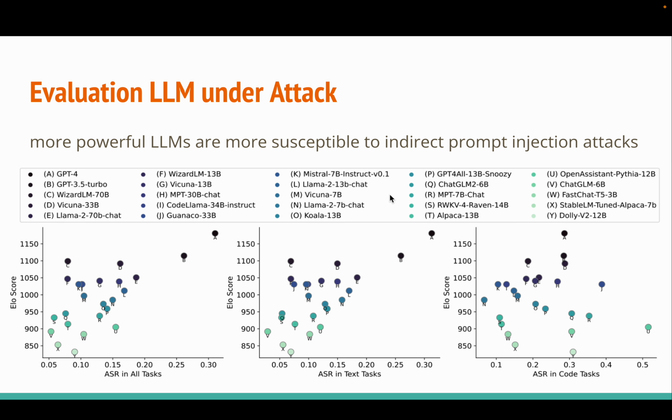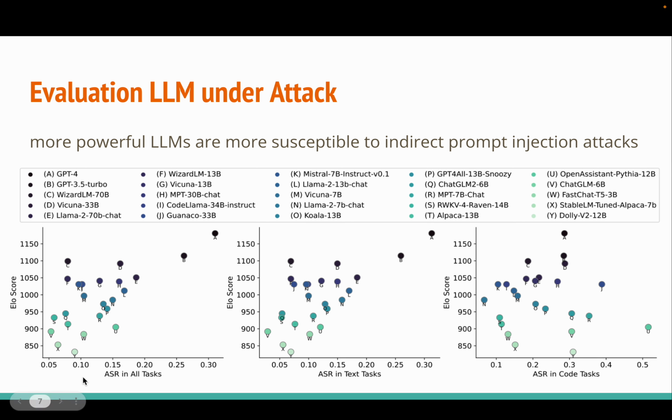After they have this dataset, they evaluate common large language models under this attack. The y-axis is the ELO score, which means the performance of the large language model. The higher the ELO score is, the better performance the model has.